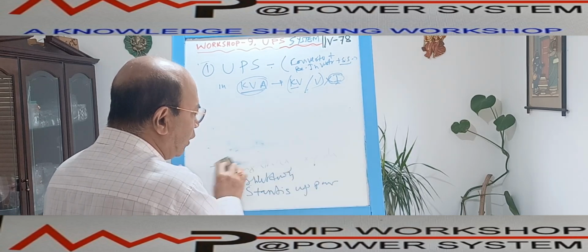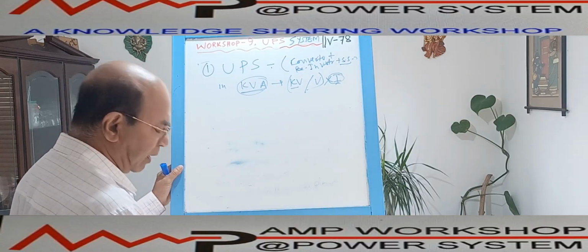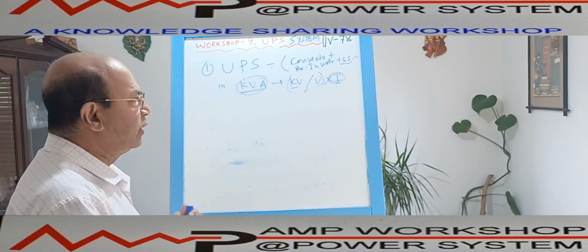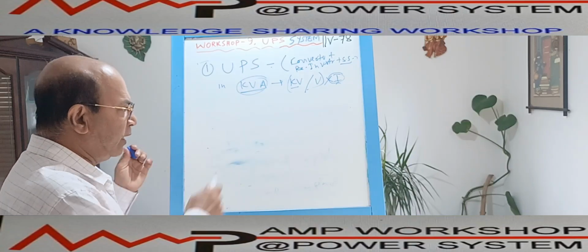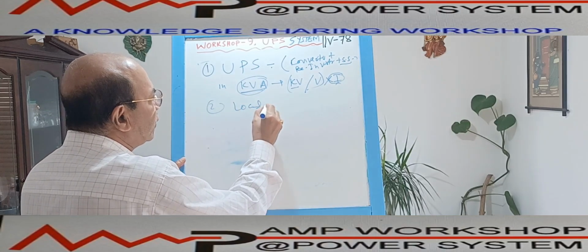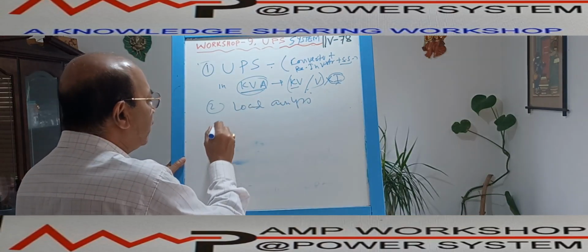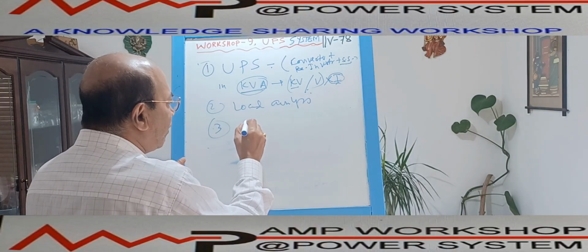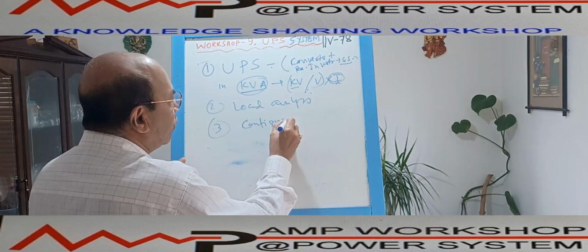So if you look into the determination of the UPS rating, the first part we discussed is that it is to be in kVA. The second part is the load configuration, that is, the load analysis, which is to be done. The third part is the configuration of the system that we need to look into.